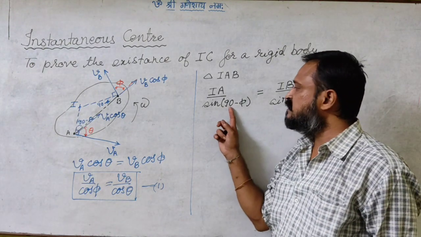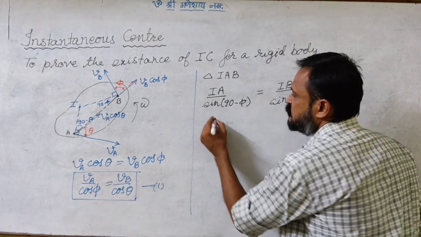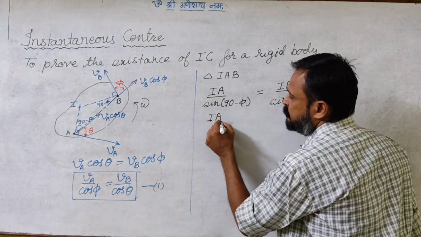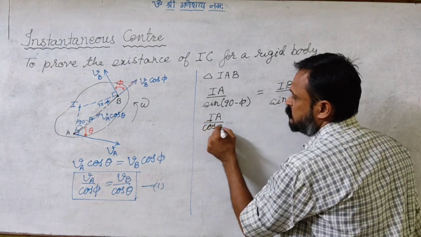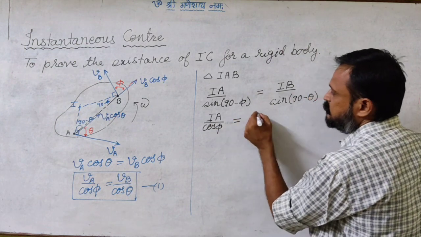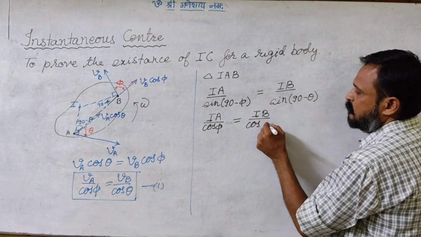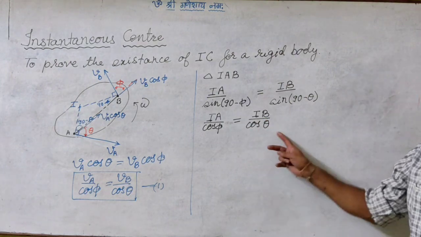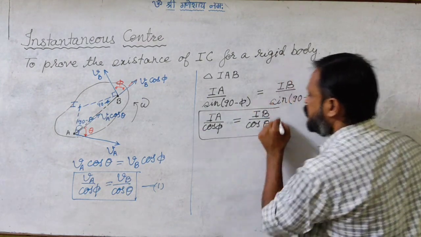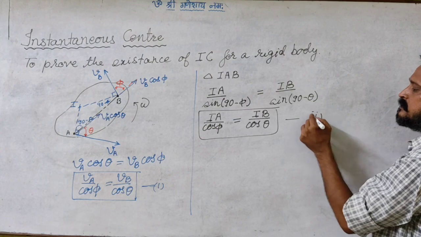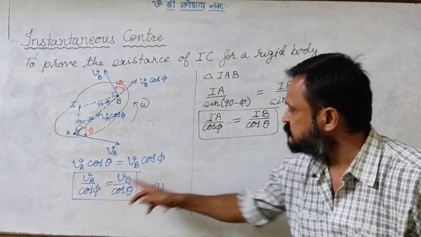Sine of 90 minus phi will be cos phi, so IA upon cos phi will be equal to IB upon cos theta. Say this is equation number 2.